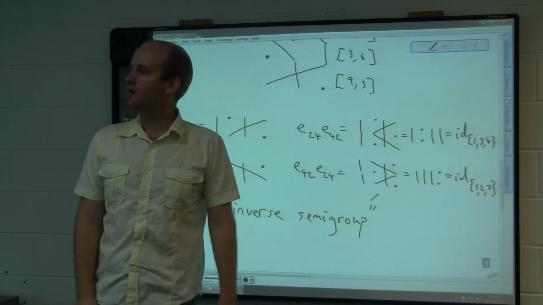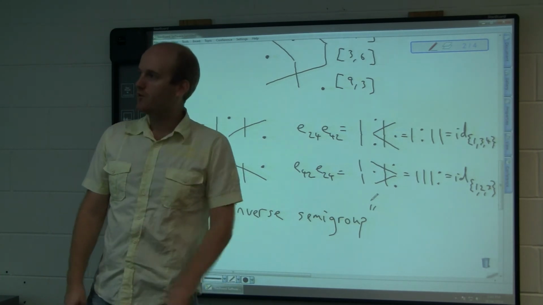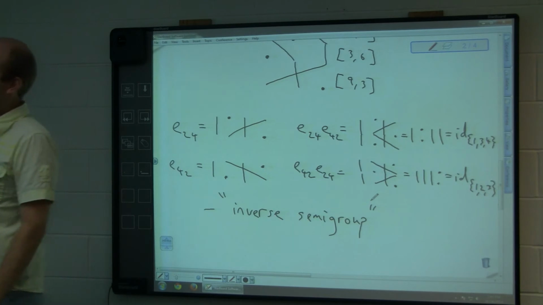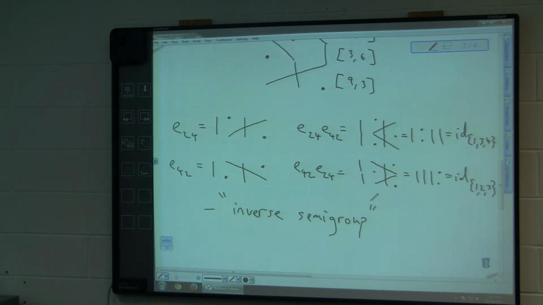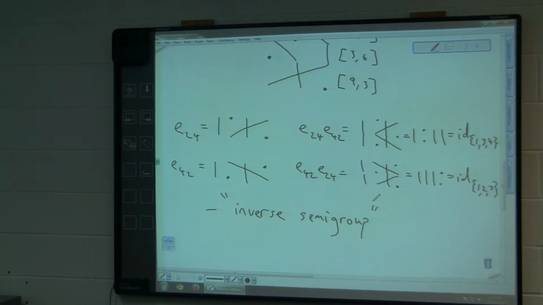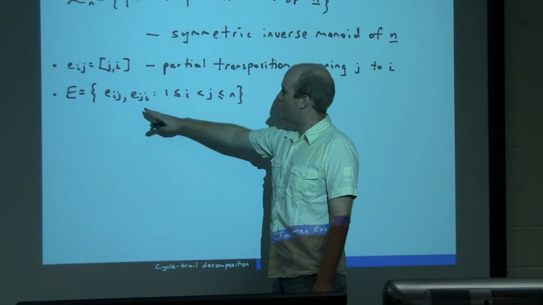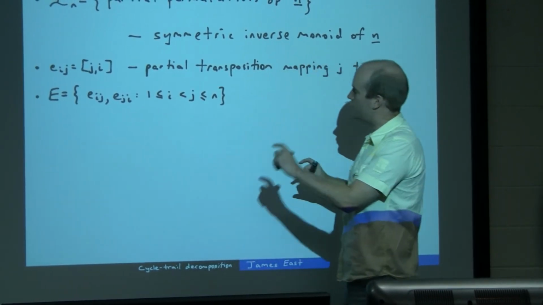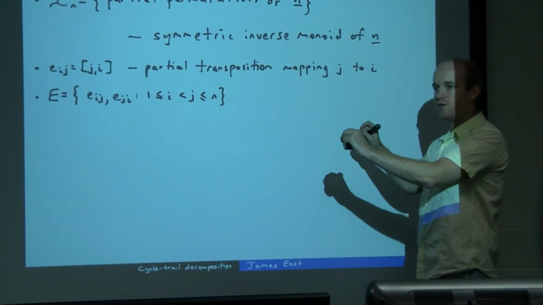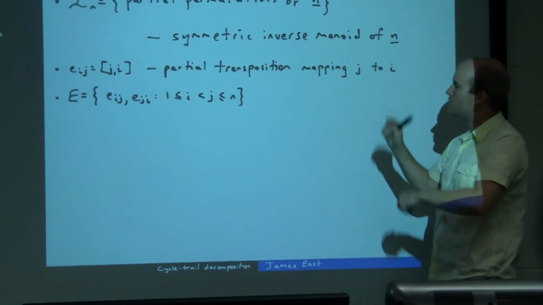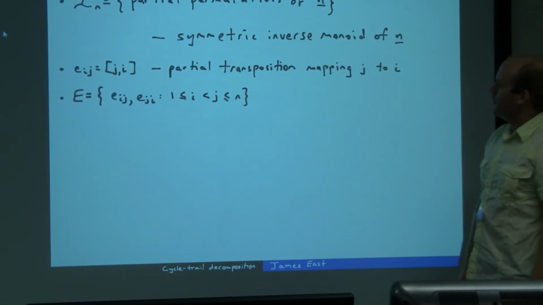A single identity element. So anyway, if we let E be the set of all these sort of two trails, or whatever you want to call them, sort of partial transpositions, and remember now for every pair of elements from 1 up to n, we've got 2 of these. One that sends i to j, and the other one that sends j to i.